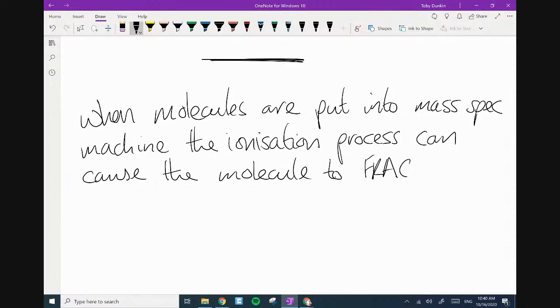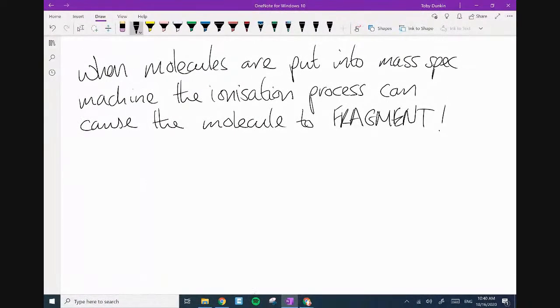Notice my capitalization. Fragment. This process is called fragmentation.